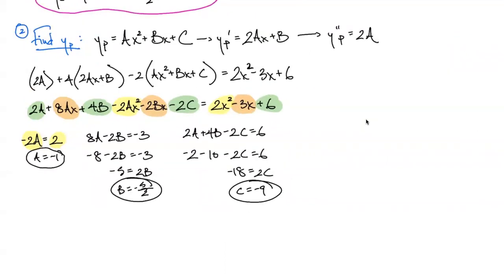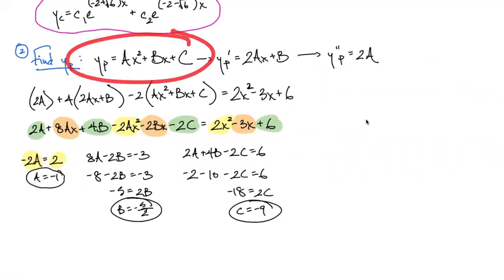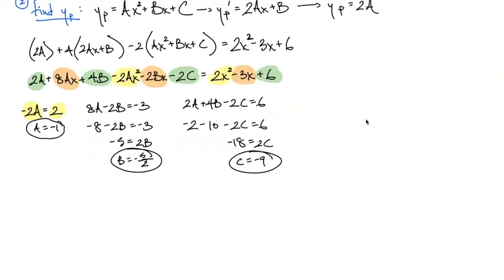But all of this is to say that our particular solution has an A value of -1, B as -5/2, and C as -9. So we can say that y sub p equals -x² minus 5/2 x minus 9.